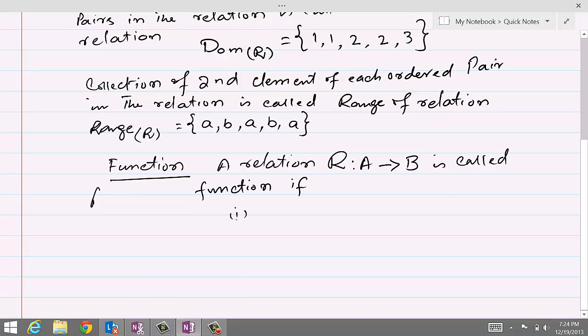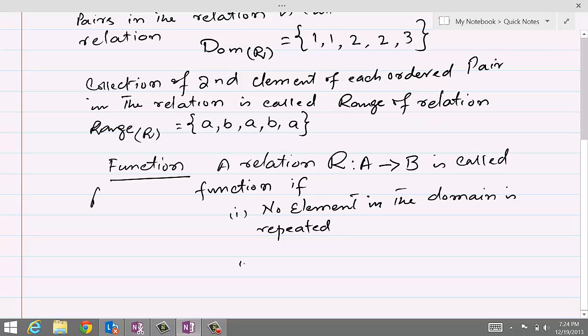What is the first condition? The first condition is that no element in the domain is repeated. So the domain must contain all elements which are distinct.